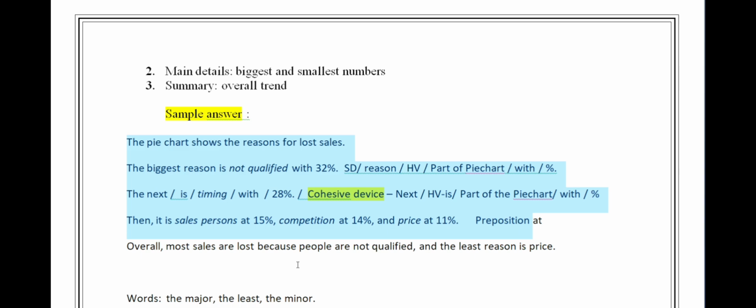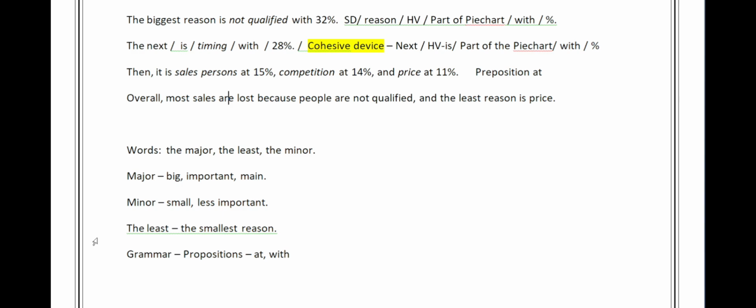Okay, now let's see how the words are. What sort of words have we learnt in this session? The major, the least, the minor. Major is big, important, and main. Sometimes we use words and we really don't understand why we are using them. Minor means small or less important. Least is the smallest reason.